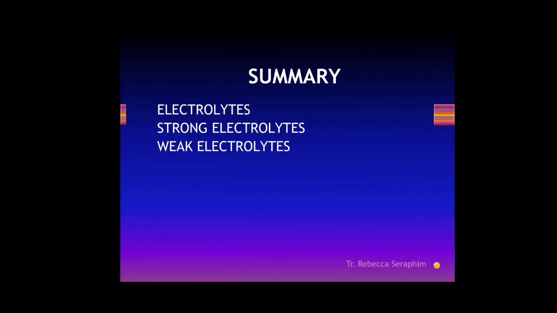Then we've seen weak electrolytes, which allow only little passage of current, so the bulb glows dimly, and its solution also contains ions and molecules. Strong electrolytes contain only ions, and non-electrolytes do not contain any ions. Non-electrolyte solutions contain only molecules.